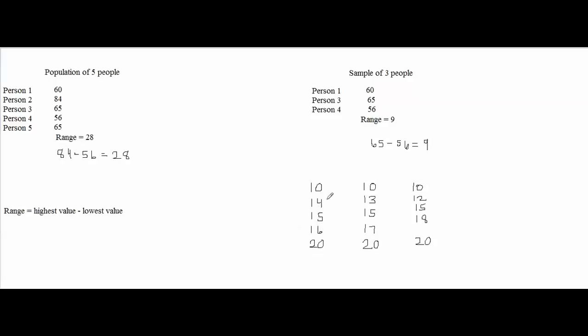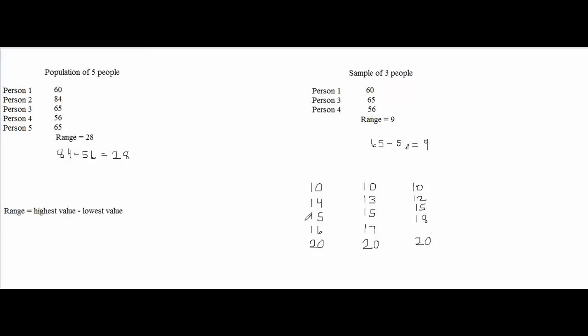Well, these 3 numbers are close together. They're only 1 apart. These 3 numbers are 2 apart, so they have more dispersion than these 3 numbers over here. And these 3 numbers are 3 apart, which is more dispersion.